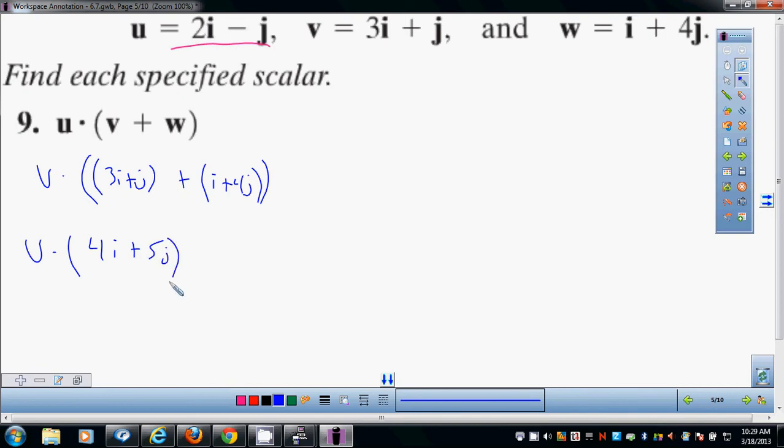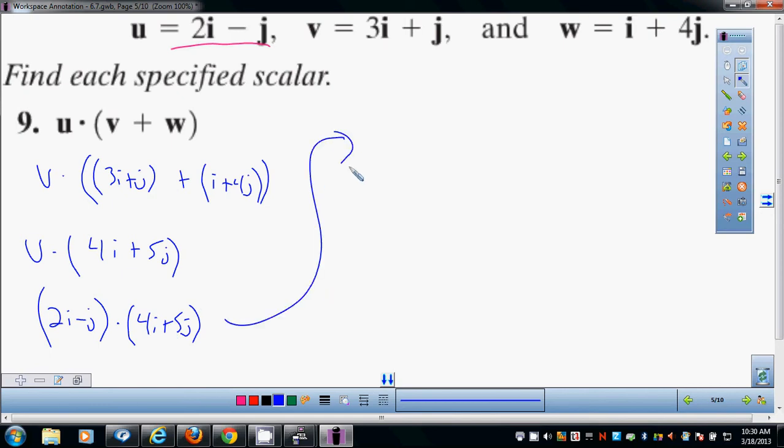Now I'm going to substitute u in. So all I've done here is take out u and put in what it actually equals. So that's 2 times 4 plus negative 1 times 5. I don't think I've skipped anything, but I could be wrong. 8 plus negative 5 gives us 3.